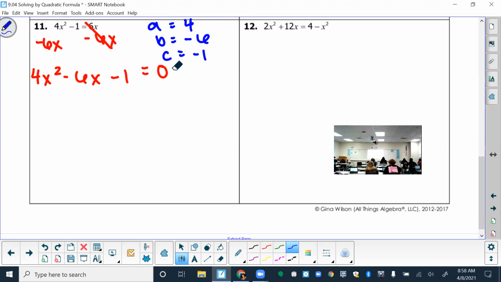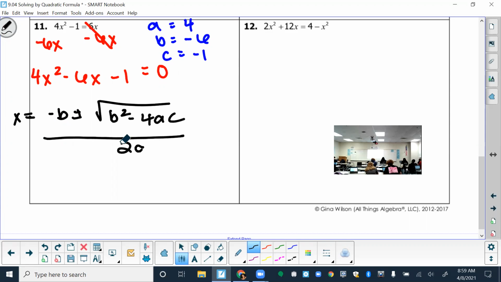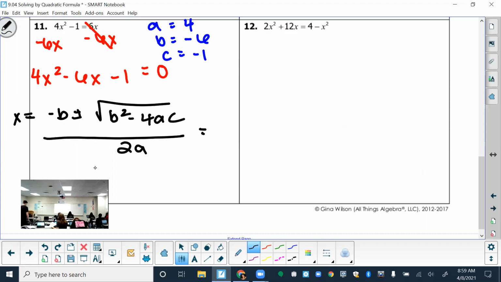Now that step 2 is just identifying those. Step 3 is to plug it into that formula, the quadratic formula. All right, so hopefully you were able to do that correctly. Just pay attention to those small details. That's why I say to plug it in with parentheses so that you don't make any mistakes.